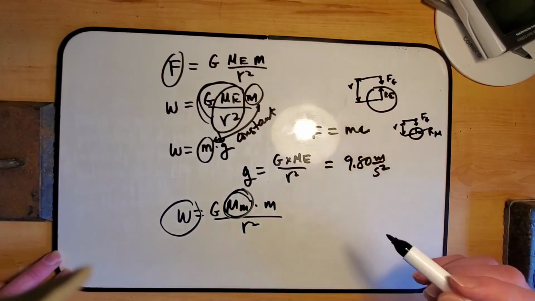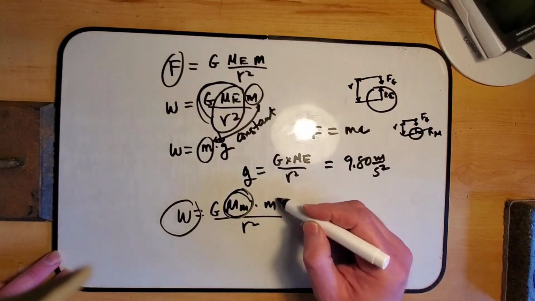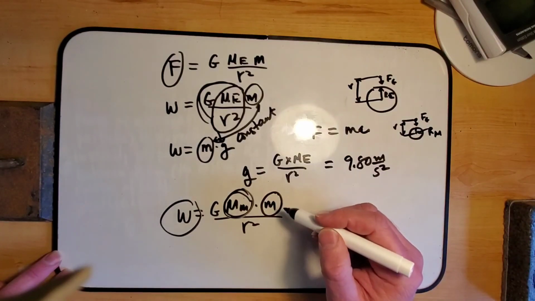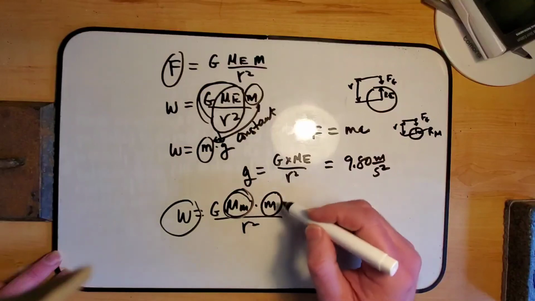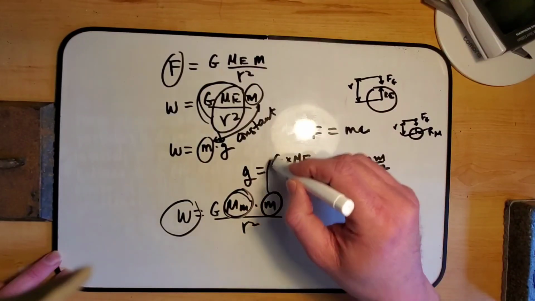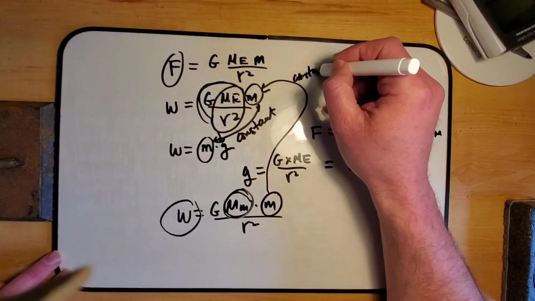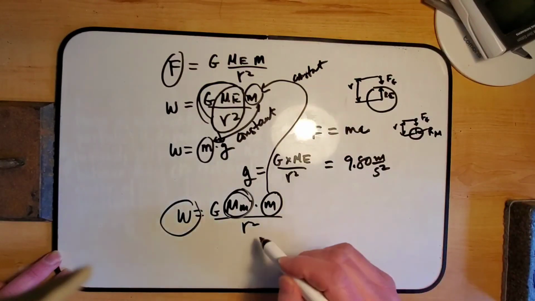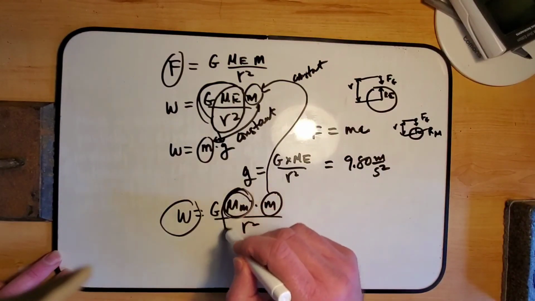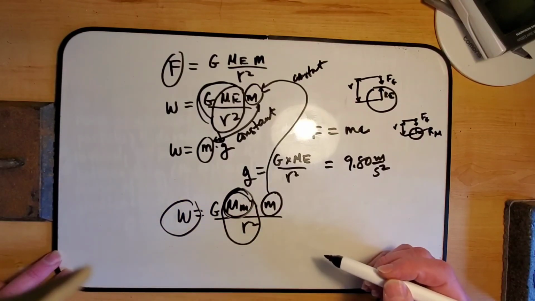But what will stay the same on the Earth and the moon is your mass. See, that doesn't change. This is constant. This is constant. Again, what's changing is these two terms.